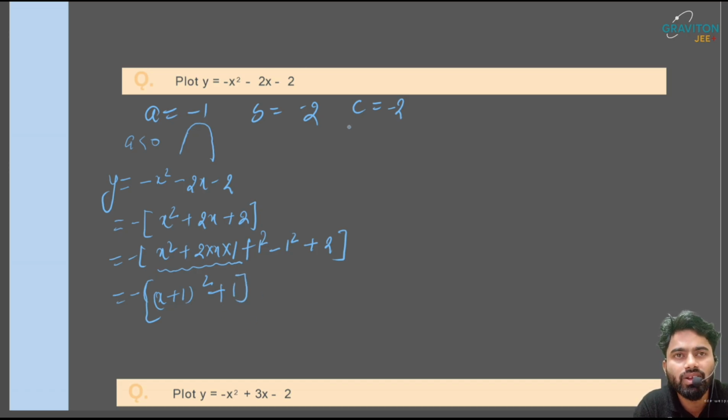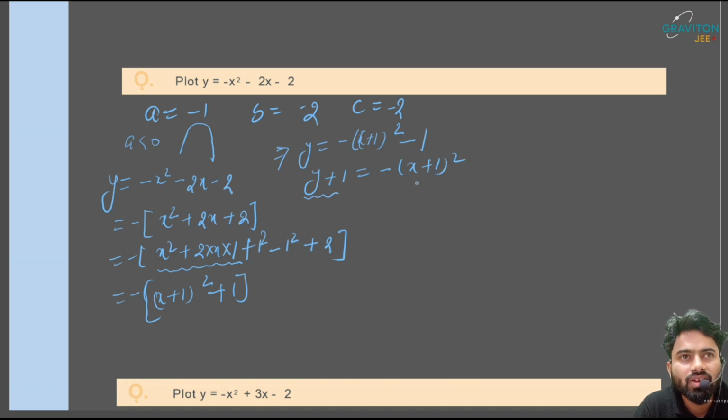Now you simply take y equal to minus (x plus 1) whole square and minus 1. Take this 1 to this side: y plus 1 equals minus (x plus 1) whole square.